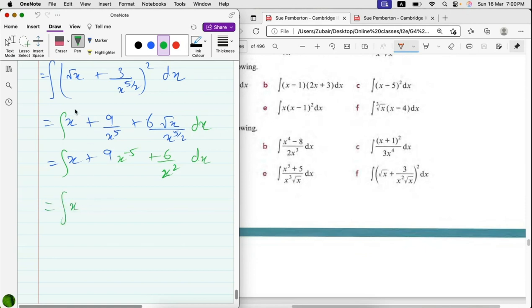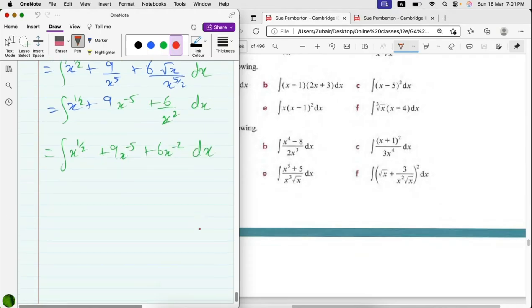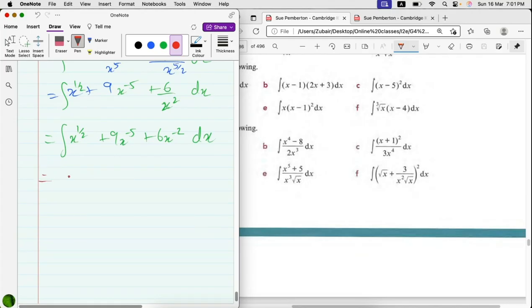Integrating, and I forgot that. 1 by 2 plus 9x minus 5 plus 6x minus 2 dx. Now it is all simplified. I'll integrate it. Power plus 1 over power plus 1, I'm doing it directly.